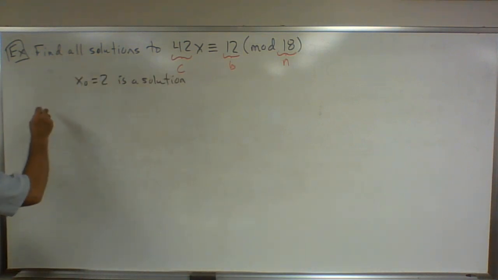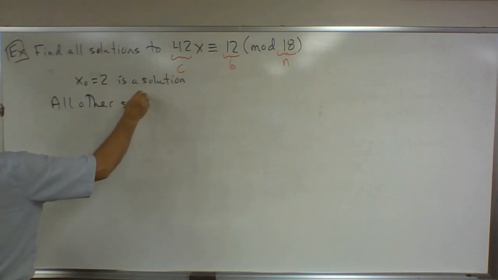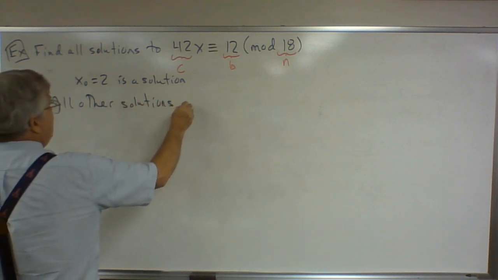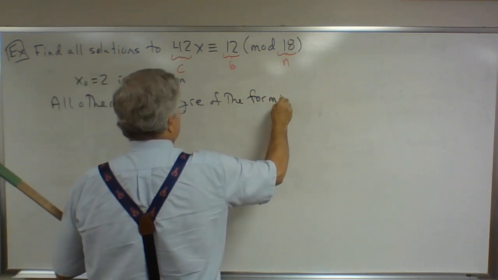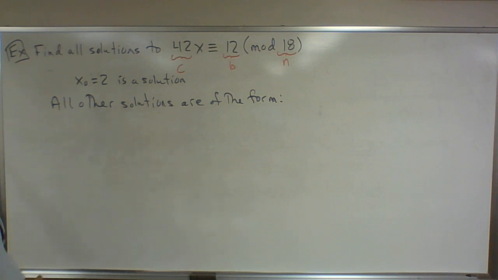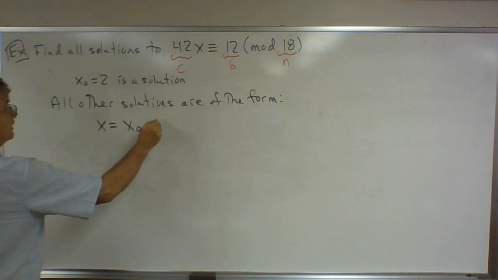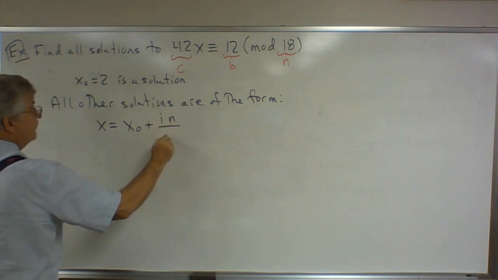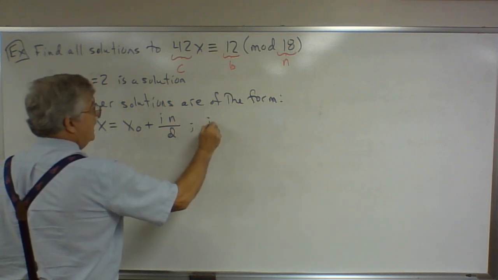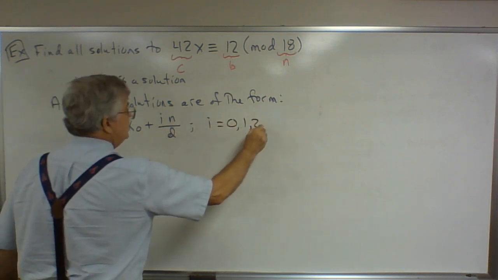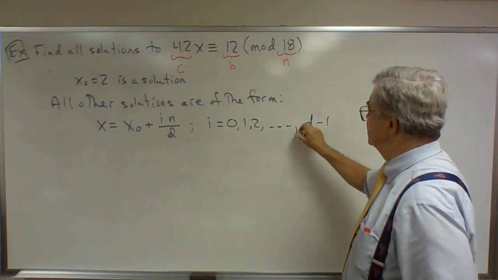All other solutions are of this form: x equals x naught plus i n over d, where i equals 0, 1, 2, up to d minus 1.